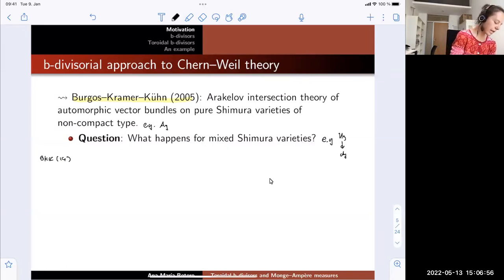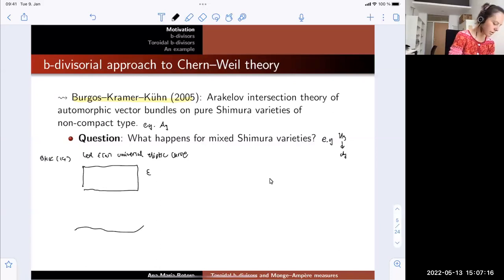Their example goes as follows. They consider the universal elliptic curve. Here you have your universal elliptic curve, and this lives over the modular curve. Here you have it with a level n structure, so you don't have to worry about stacks.